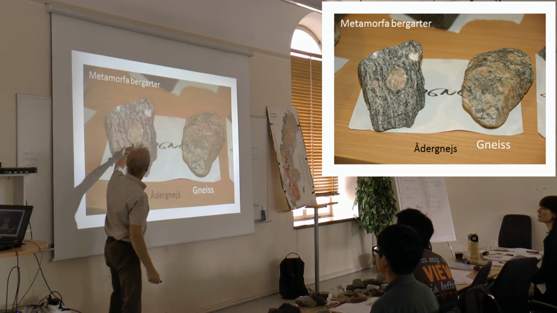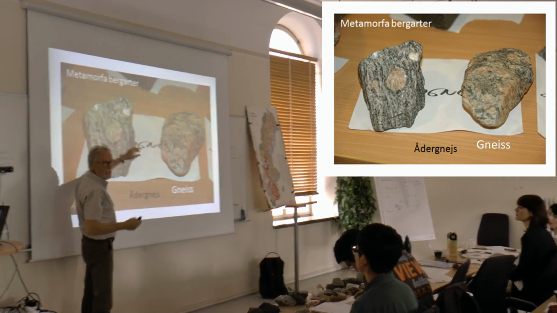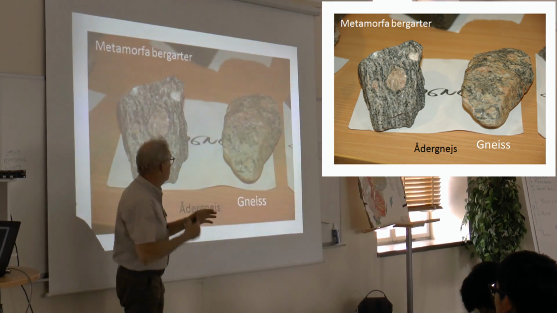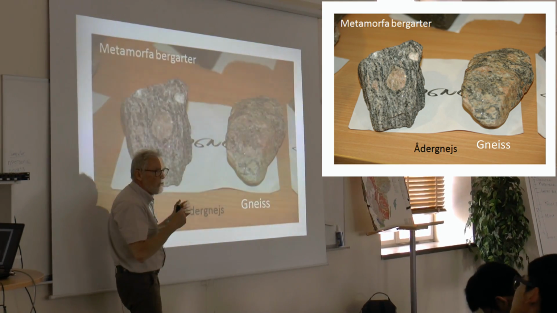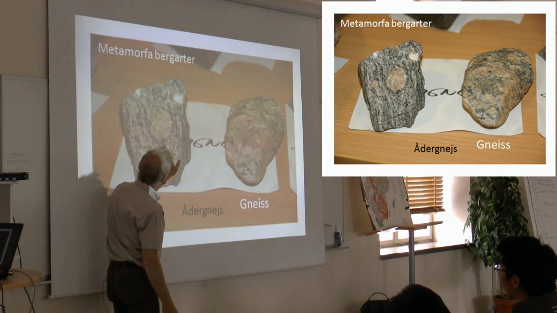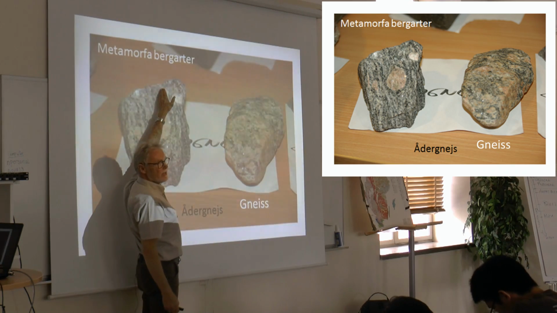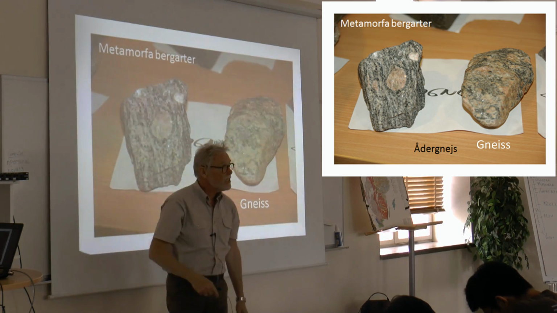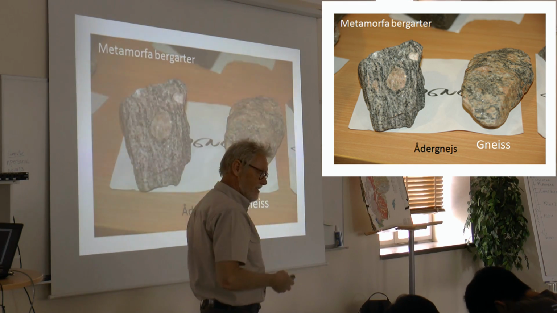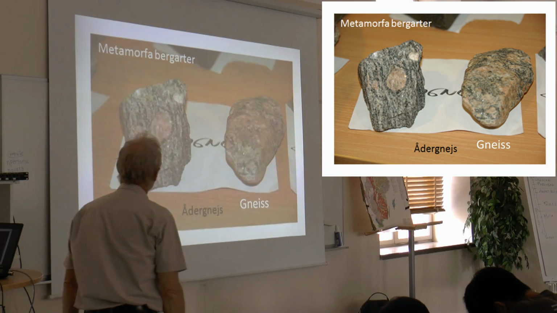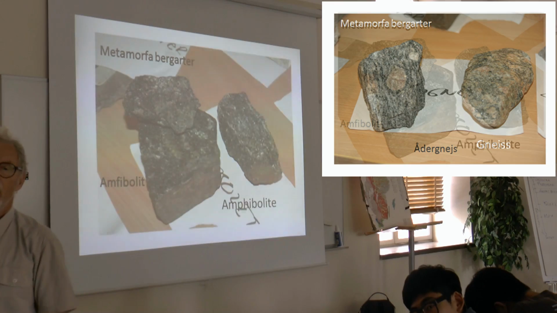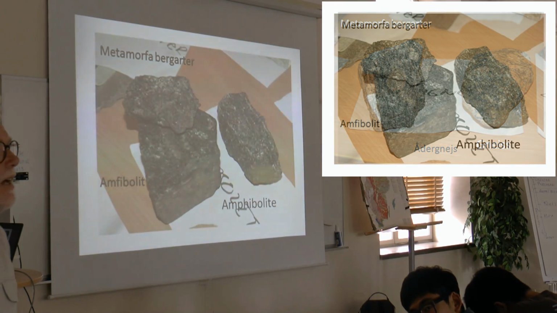So this is created because of the metamorphic conditions. So this is feldspar. Feldspar is growing inside the rock, pushing the micas away. So we can see that this has been born inside the gneiss.